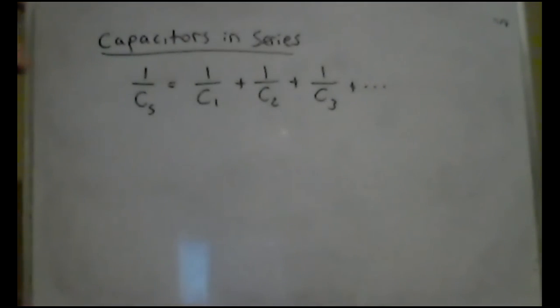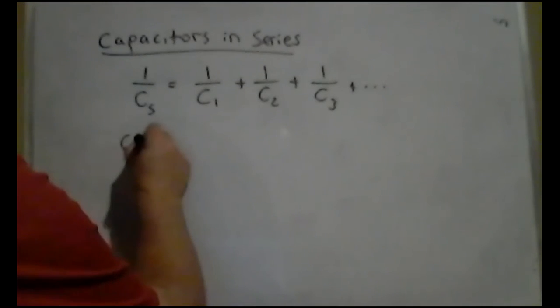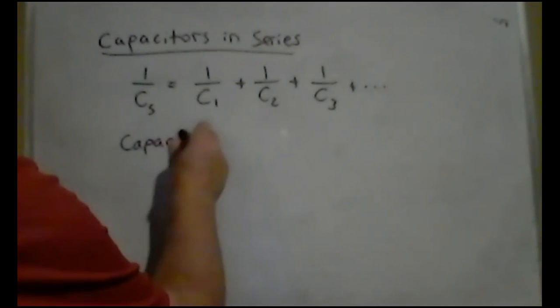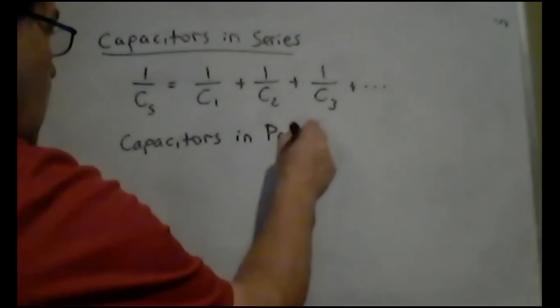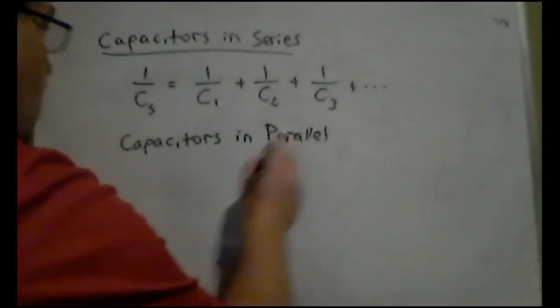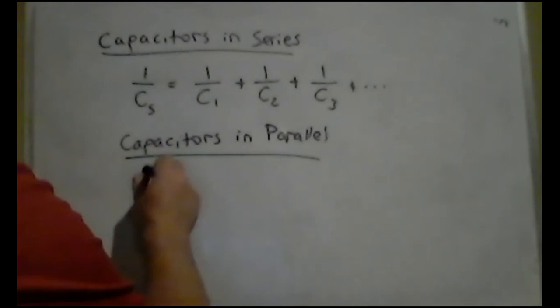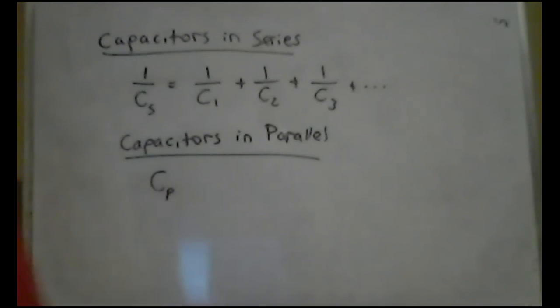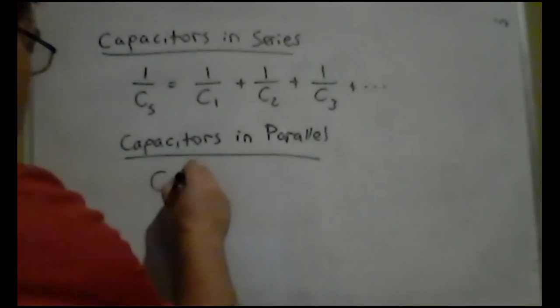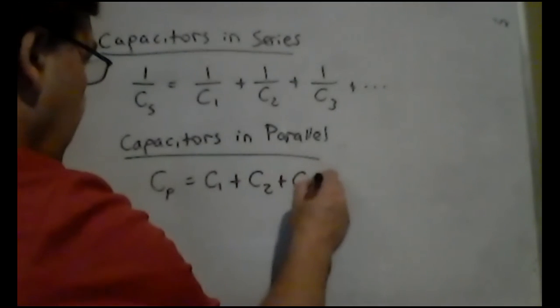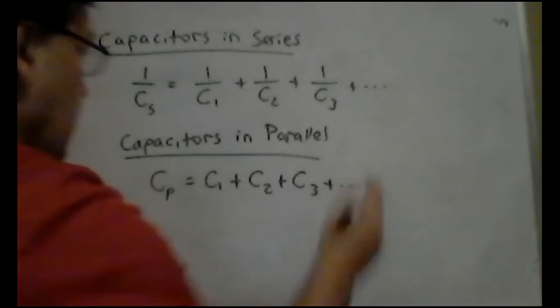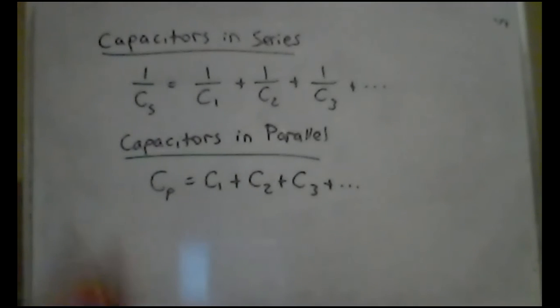And for capacitors in parallel, we get simply the equivalent parallel capacitor that I could put in there instead of the ones that are connected in parallel. It would literally just be C1 plus C2 plus C3 plus dot, dot, dot. So literally you would just add them. So simple as that.